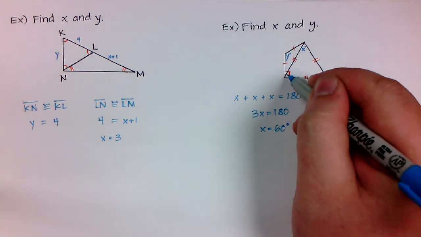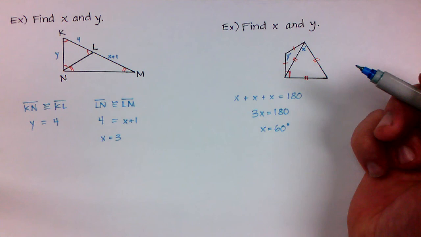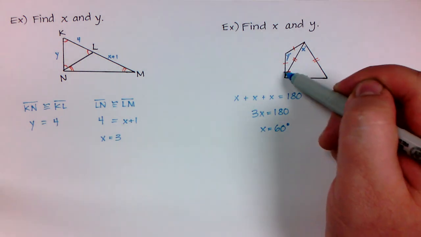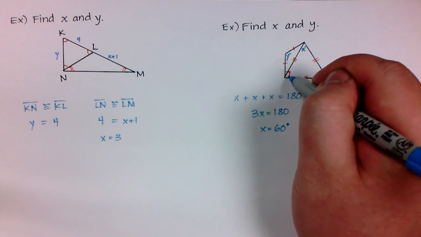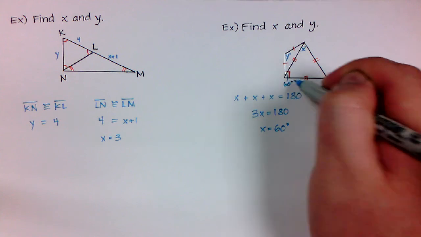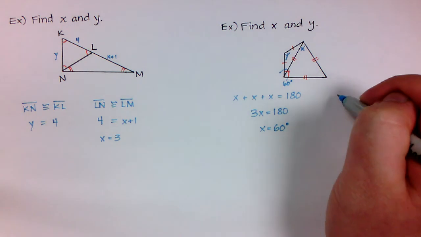And then since down here at the corner I'm shown that this is a right angle, I know that both of those angles have to add up to 90 degrees. And I just said that this one right here is 60 degrees. So I need to find out what this little angle is right here.